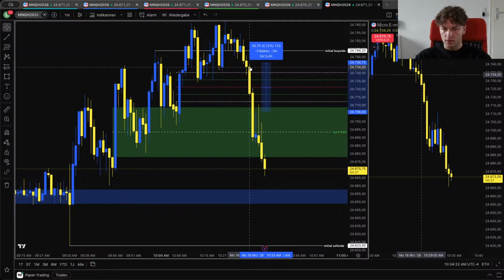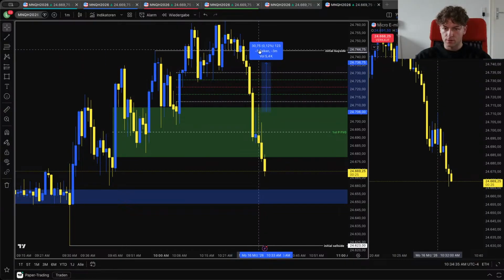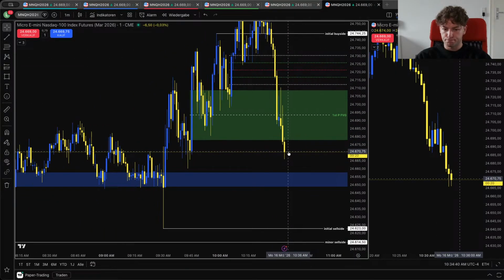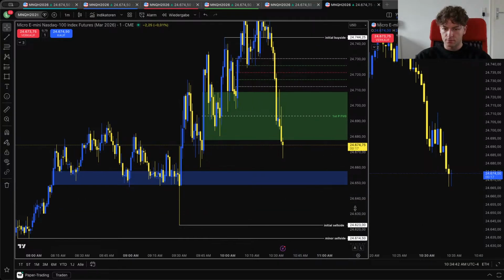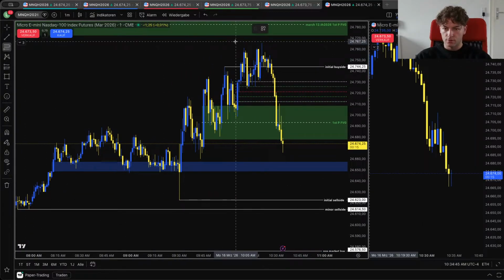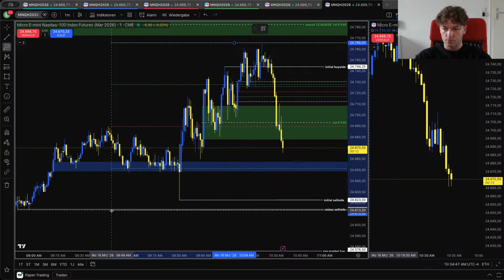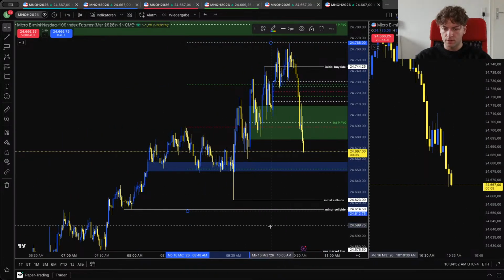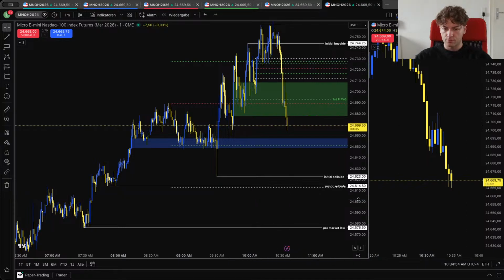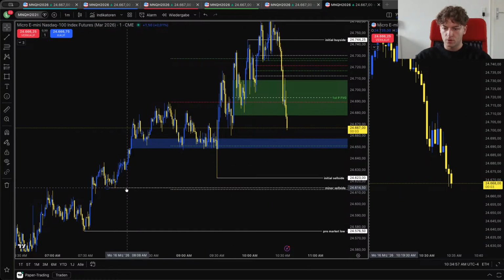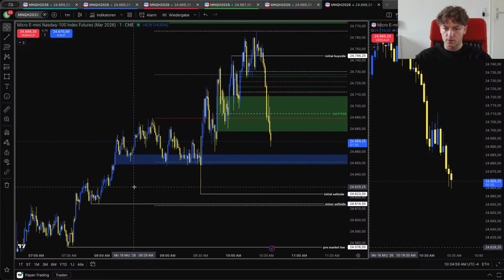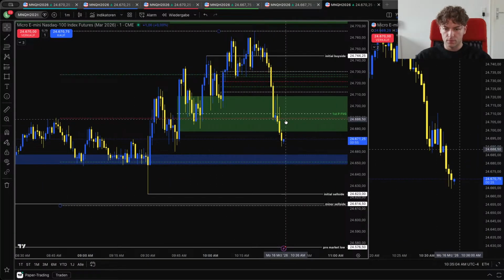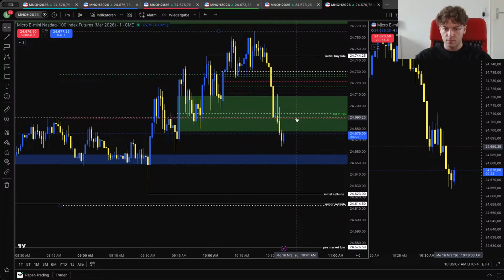Okay, that would have been actually okay. Only 30 handles. So sell side is still in here. If you measure from high to low, midpoint is here, so now we are already in a discount. But no, that's a good sell side liquidity pool. So if we want to go short, we want to do it inside of this first percent fair value gap.